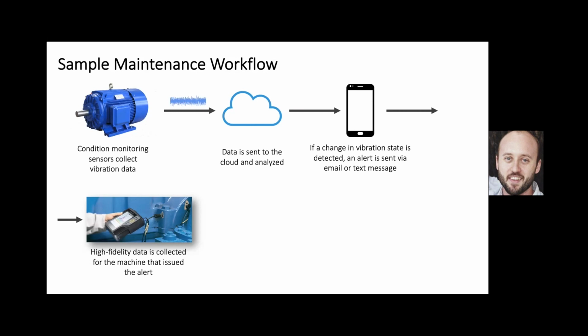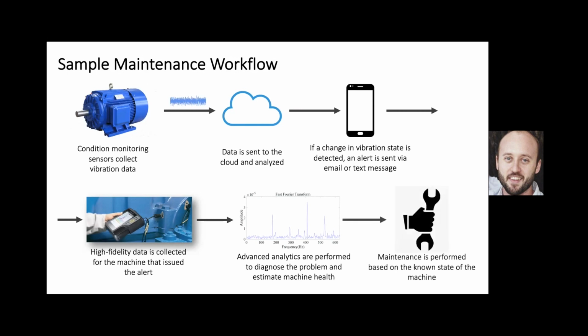Then we would go and collect higher fidelity data, specifically targeting those 3 assets, go back and analyze it and do more advanced processing, something like a Fourier transform, which I will touch on a little bit more in our second session. We can do more advanced analytics on this and really start to get into diagnostics and maybe potentially prognostics. And then, of course, based on that, maintenance can then be performed based on the known state of a machine.